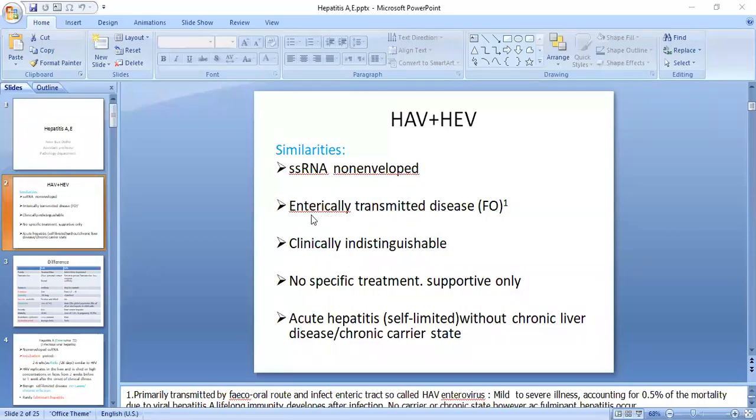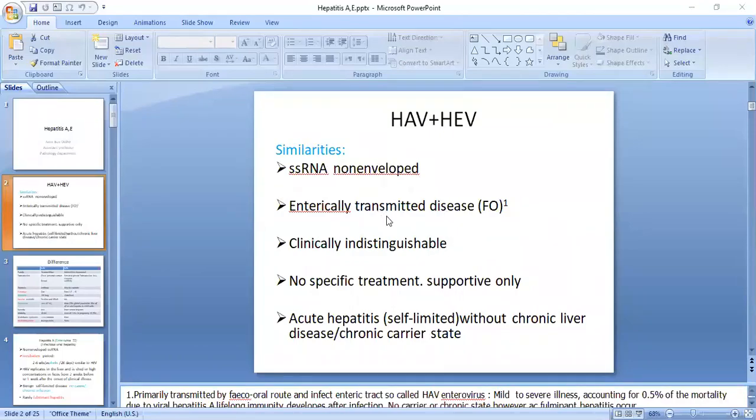And they are enterically transmitted, meaning they have fecal-oral route transmission. They are primarily transmitted by the fecal-oral route, and hepatitis A and E both infect the enteric tract.